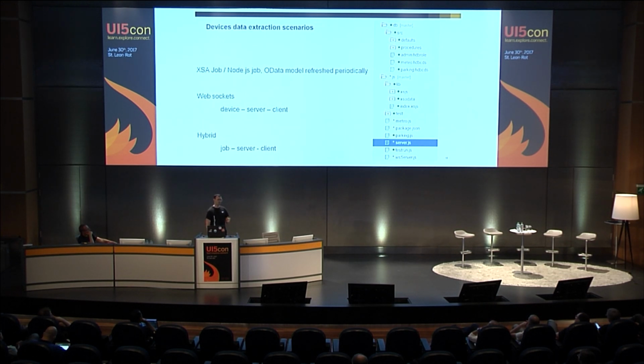So it's better when it comes to data load and processing speed, but it requires connection maintenance. In the WebSocket server, we have to check if there are some dead connections, and the SAP UI5 application must register to events like on message, on error, on close, on connection.